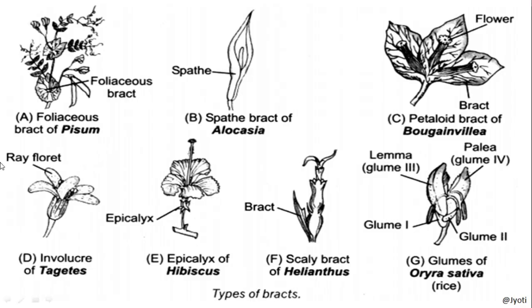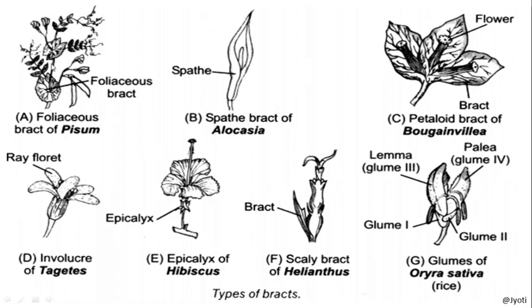So here you can see different types of bract. Here you can see this is foliaceous bract. This is the flower developed from it. You can see the flower is developed from the bract, and the bract is very large, a leaf-like flattened green structure.